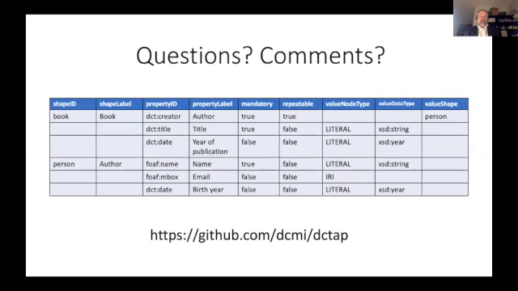You could use the TAP model to make an application profile based on schema.org and express more constraints about that model, things like cardinality.